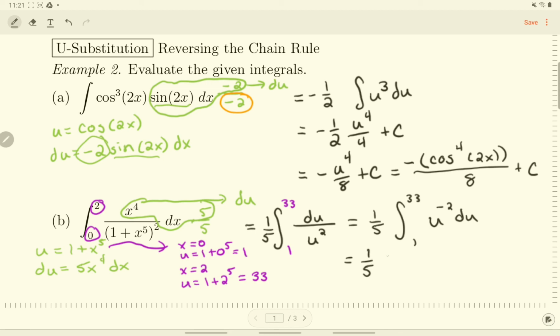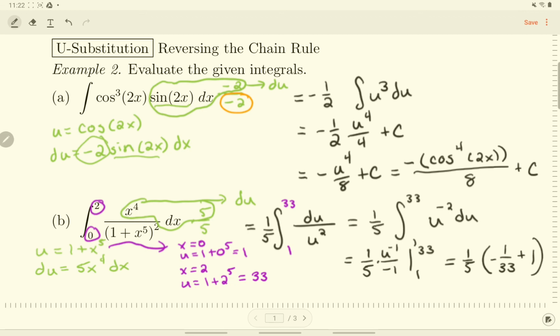And my reverse power rule, again, add 1 to the exponent, divide by that new exponent. Alright, so you do a little bit of algebra, you plug in those endpoints, and you will get 1/5 times negative 1/33 plus 1.